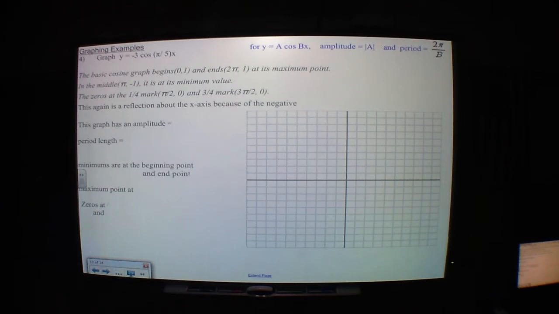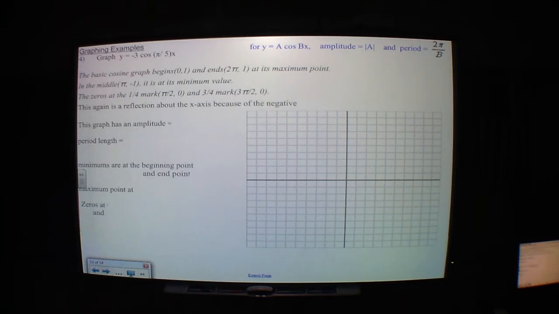If I were going to graph y is equal to -3 cosine of π/5 times x. Basic cosine graph. Beginning and end have my maximums. My minimum is halfway through. And a quarter of the way through and 3/4 of the way through the period will be my zeros.